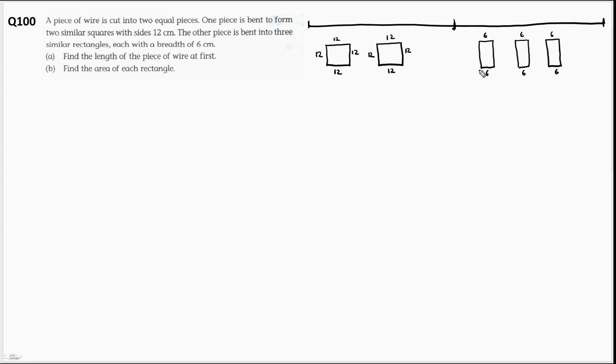So what's missing here? Well, what's missing is that we don't know the lengths. So we have 1, 2, 3, 4, 5, 6 breadths, but we are missing a length here, a length here, a length here, a length here, a length here, and a length here.